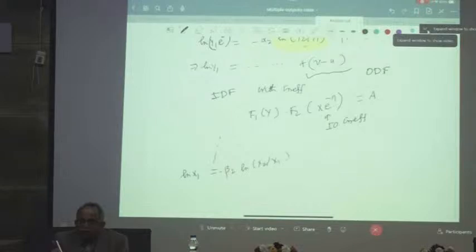Now we just change this to this, because x's are replaced by x times e to the power minus eta. What will happen to the ratio? If all the x's are changed proportionally, then the ratio is not affected by eta. So there is no eta in there, but there is going to be eta on this side. And then again minus alpha 1 log of y1 minus alpha 2 log of y2 and so on.